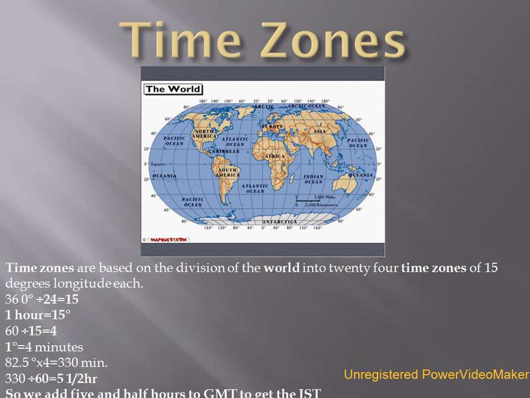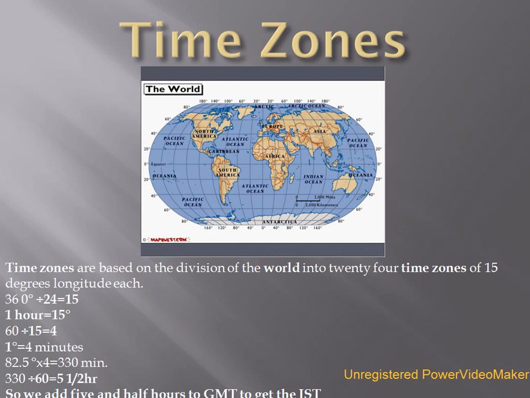Time zones. We all know that the earth takes 24 hours to complete one rotation. Time zones are based on the division of the world into 24 time zones of 15 degrees of longitude each. We know that the earth is a sphere, and if you cut a sphere from the center, it will look like a circle. The circumference of a circle is 360 degrees.